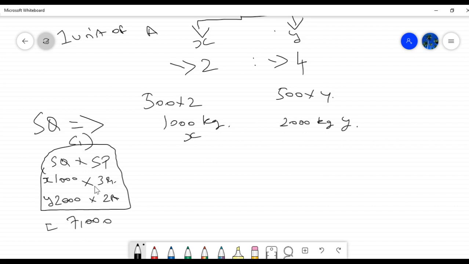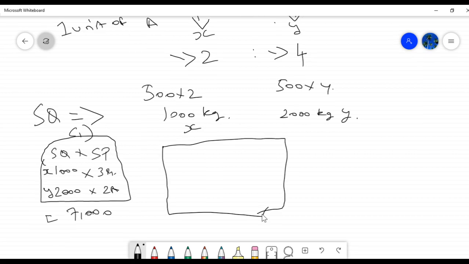Come to the second box. Always write this box, even if again and again you write it down, not an issue. The second box is revised standard quantity into standard price. What is this revised standard quantity? RSQ is revised standard quantity.